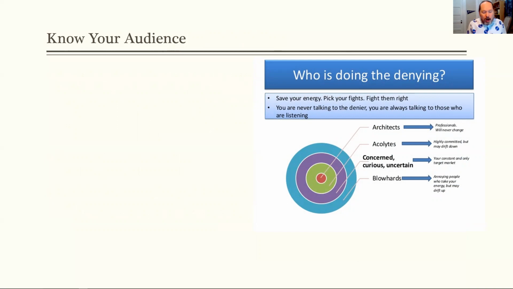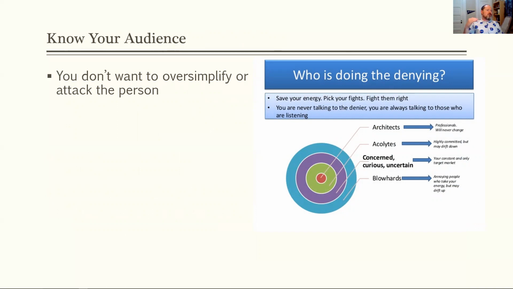When you're making your argument to refute a denialist claim, make sure that you know your audience. Who are you trying to convince? You don't want to oversimplify or attack the person, because not only does it make you look like you don't have a good argument, so you're just attacking someone, or you can't really answer their claims, so you just change the subject.